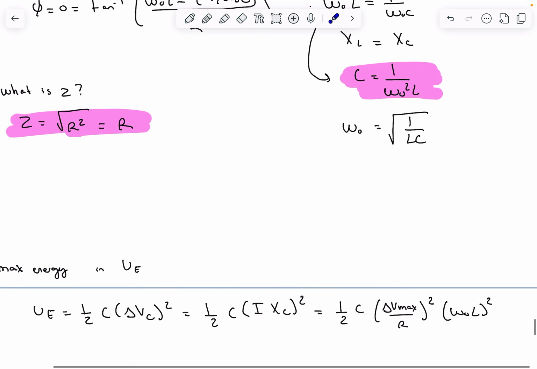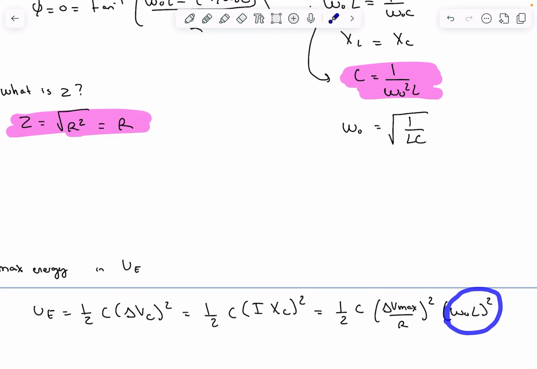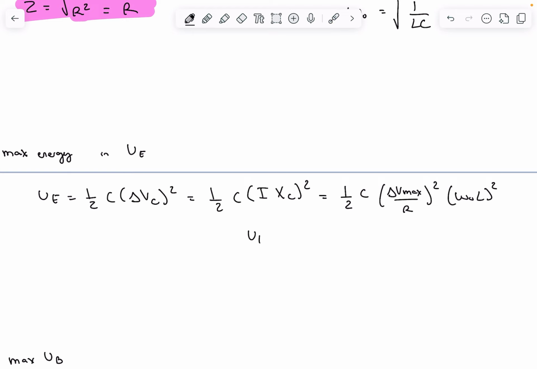Now notice that C is equal to 1 over omega naught squared times L, and we have an omega naught squared times L here. So when we write that out, we get UE is equal to delta V max squared times L divided by 2 times R squared.